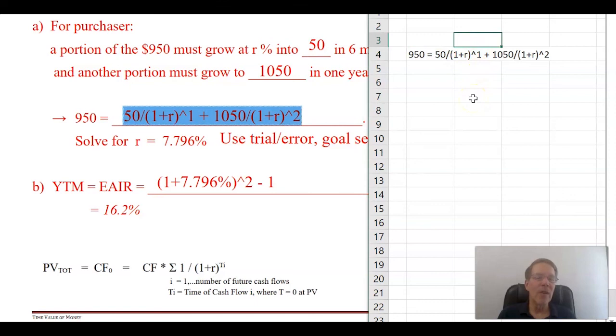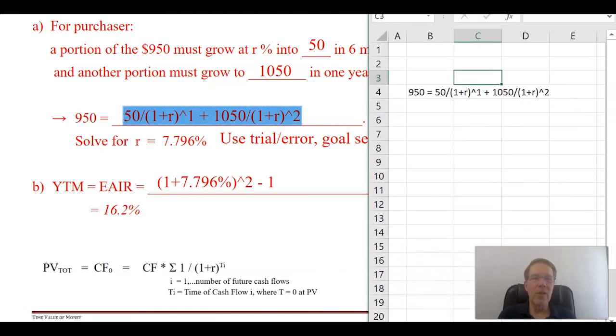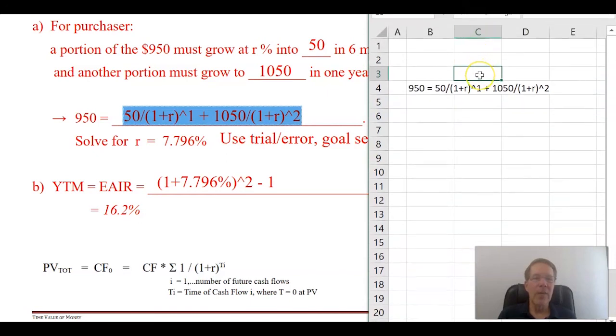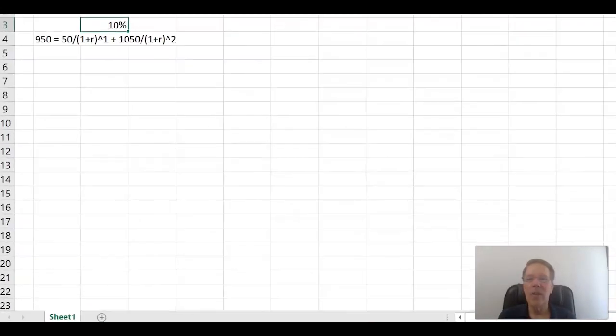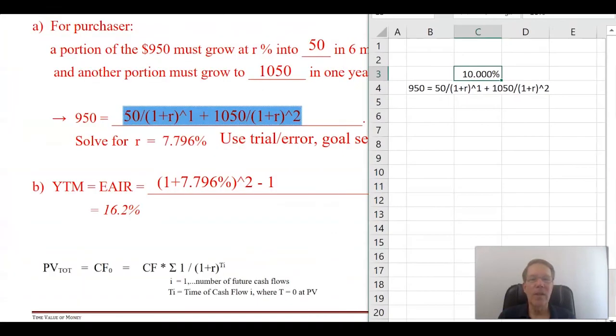So I'm going to put a guess up here in C3 of, I don't know, 10%. It could be anything. And also, bear with me for a second, I'm going to show some more decimal places there.